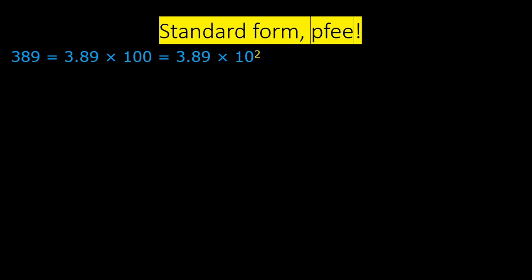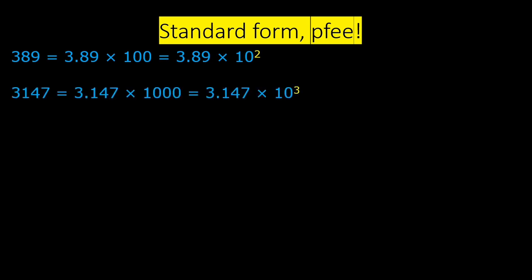Here you can see that we can also first convert a number and see the number which we multiply it by. For example, 389 can be rewritten as 3.89 times 100, which gives you 3.89 times 10 to the power 2. Why? Because to write a number in standard form, the number of zeros is equal to the power or the index.